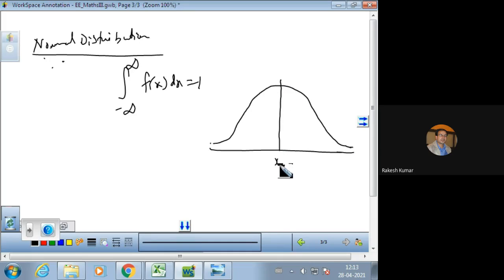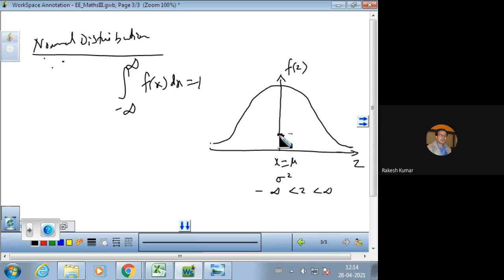This was your mean position where x is equal to mu, and your variance is sigma square. In the case of standard normal variate z, z varies from minus infinity to infinity, and along the vertical side we have f of z.